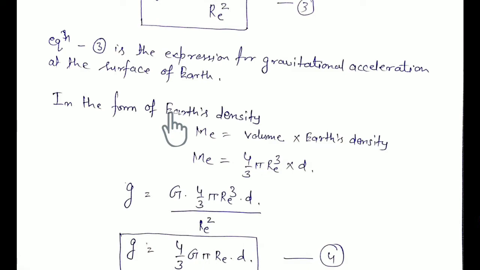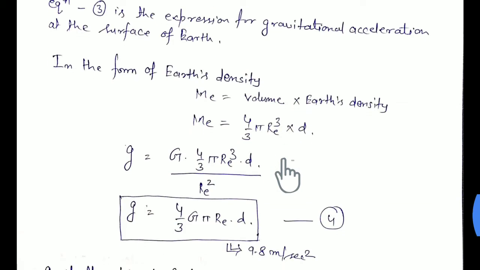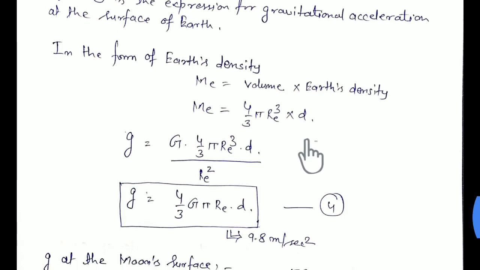If you want to express the value of small g in the form of earth's density, we can write mass of earth is equal to volume of earth times density of earth. Assuming the earth as a spherical body which has the radius of capital Re, the volume will be 4 by 3 pi Re cube, multiplied by d, where d is the earth's density.